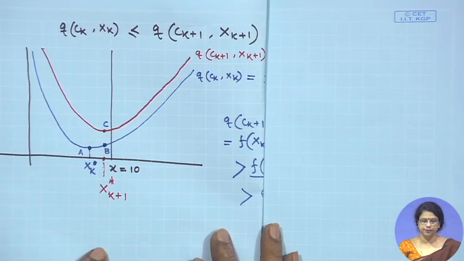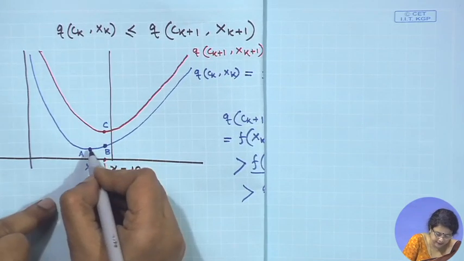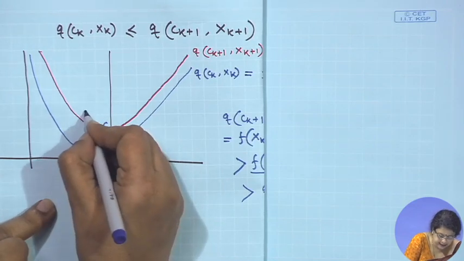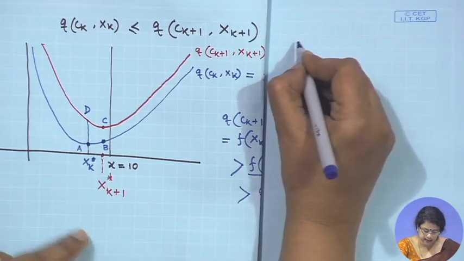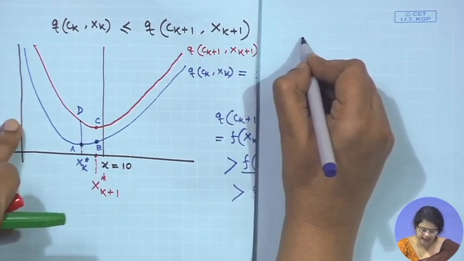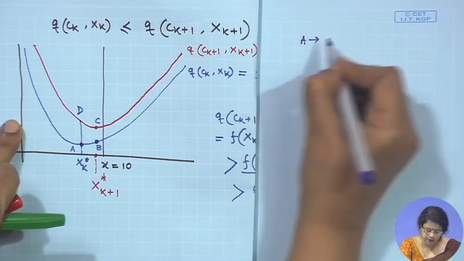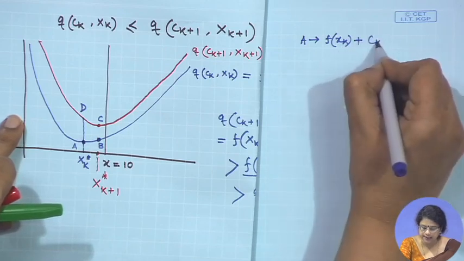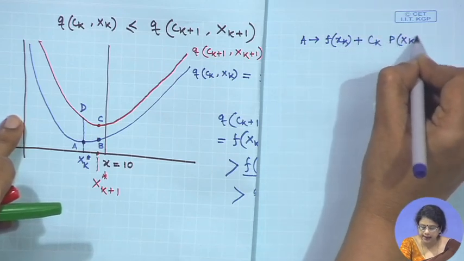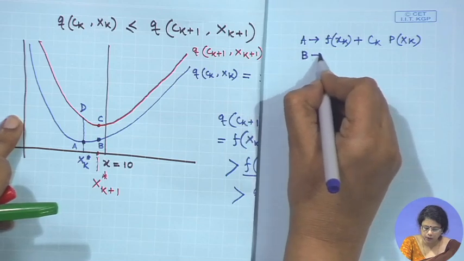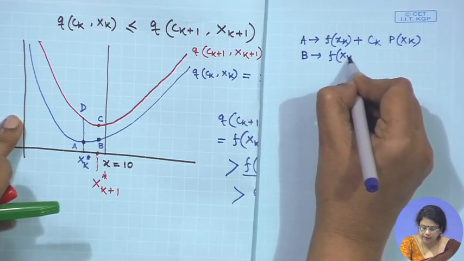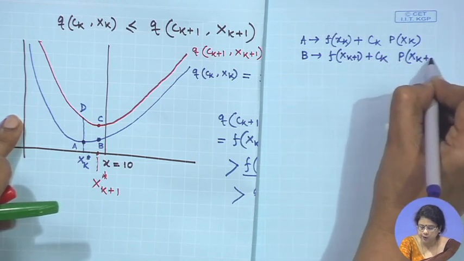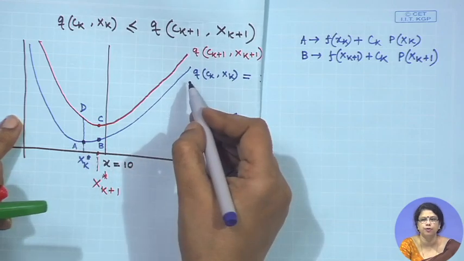Is it clear? Now, here I can say, if I consider one point at the top here as D, then what is the value at A? The value at A would be f(x_k) plus C_k p(x_k). The value at B would be f(x_{k+1}) plus C_k p(x_{k+1}), because B is on the same curve.